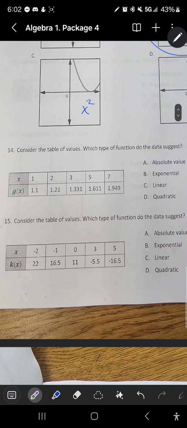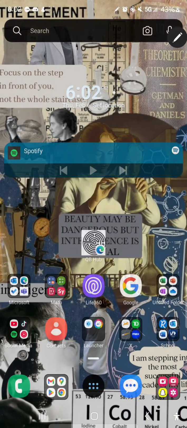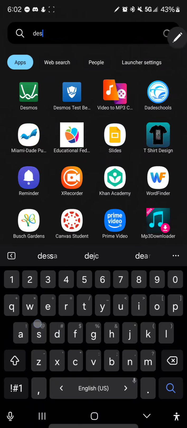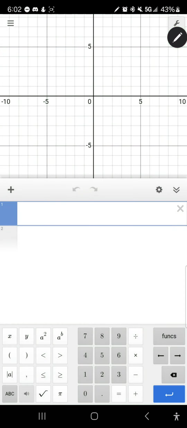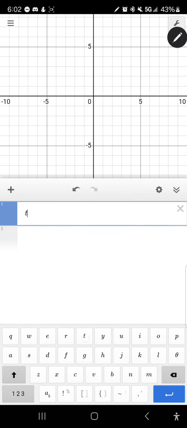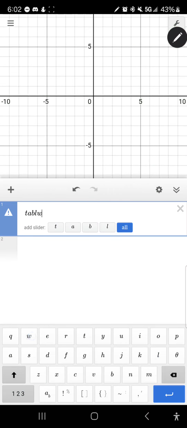And I don't know if you can use a graphing calculator on the test, but let me show you how that graphing calculator will look. I'm going to use decimals with a graphing calculator.